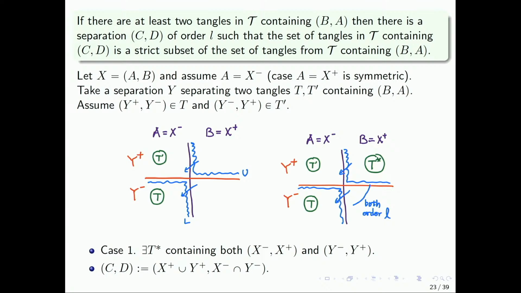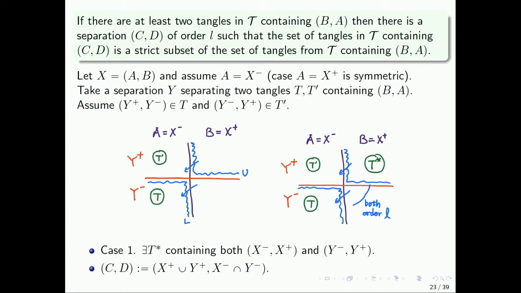And then by the submodular property, the sum of these two values is bounded by 2L. But it cannot be less than L, because if it were less than L, then this separation would separate T and T star. But we say that any two tangles are not separated by separations of order less than L. So both separations should have order exactly L.